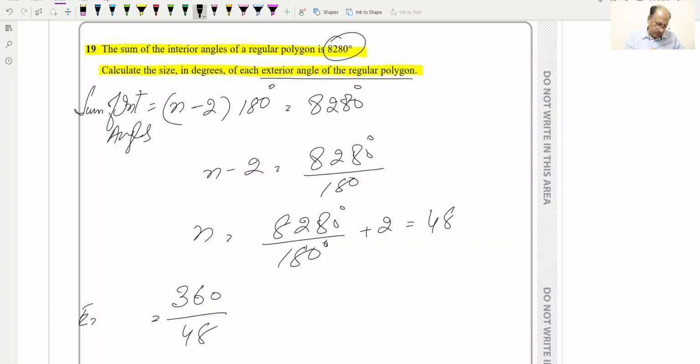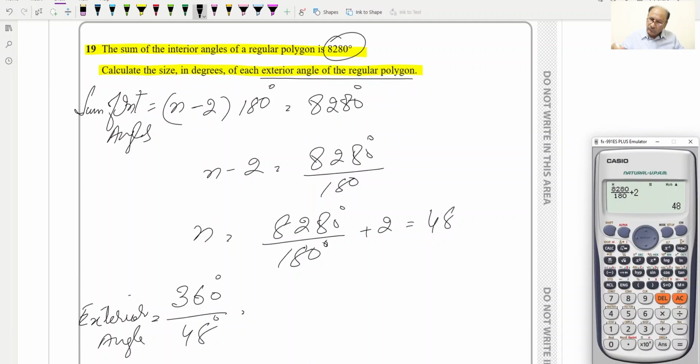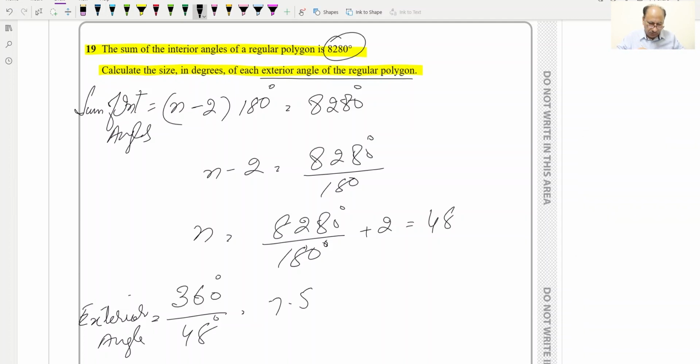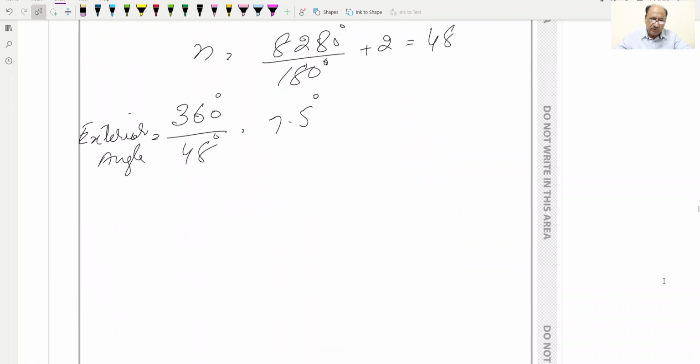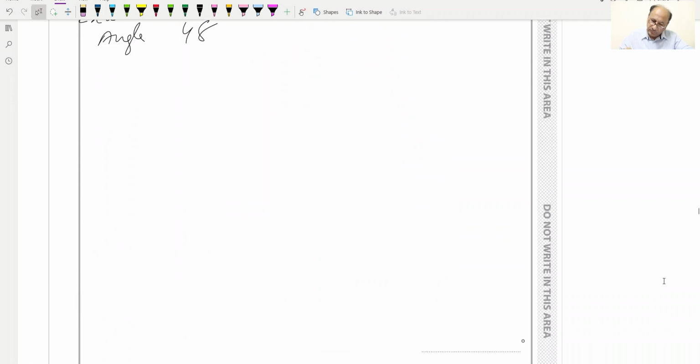So the exterior angle will be equal to 360 divided by 48, which is 7.5. So 7.5 degrees is the answer for this question.